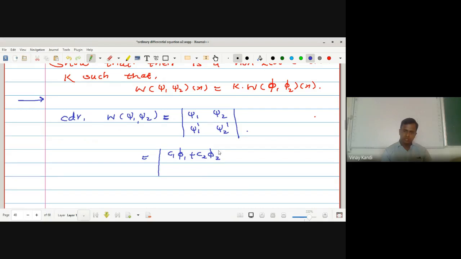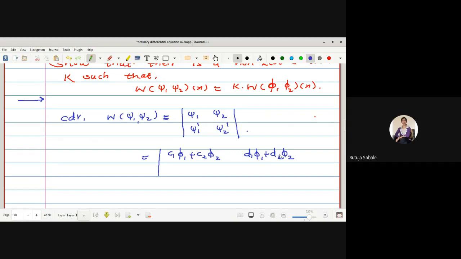Now similarly for psi2, we can write psi2 as a linear combination of phi1 and phi2. इथे coefficients वेगळे असतील, c1 c2 नसतील. समजा d1 into phi1 plus d2 into phi2. कळतंय का?